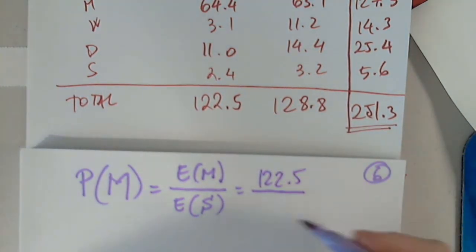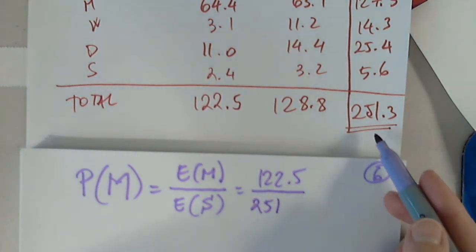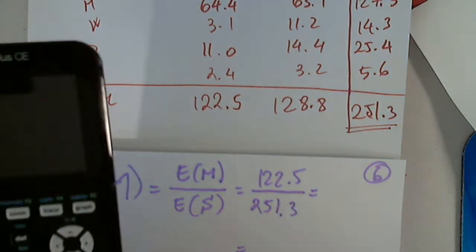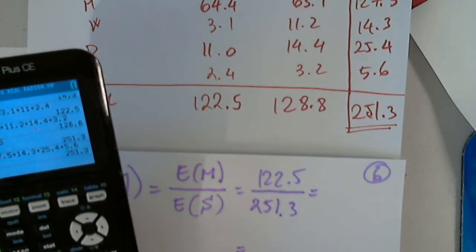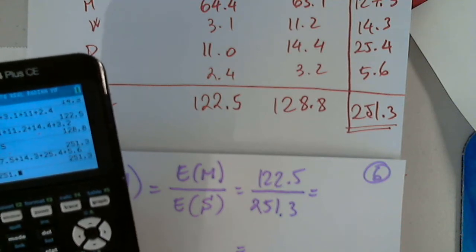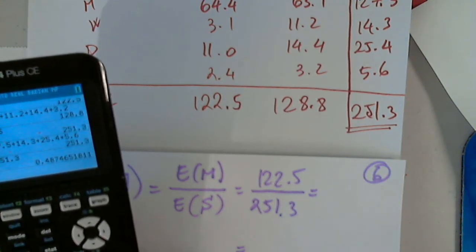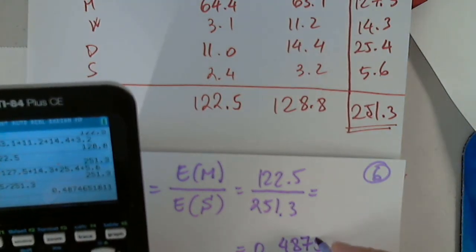And what is the grand total? Grand total is 251.3. Yes, 251.3. Great job. Make sure that these numbers are all lower than 1, but greater than 0, of course. So 122.5 divided by 251.3, and I get 0.4874. Try 4 digits. 75.